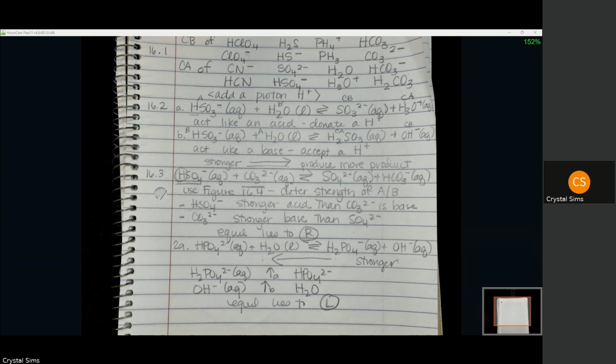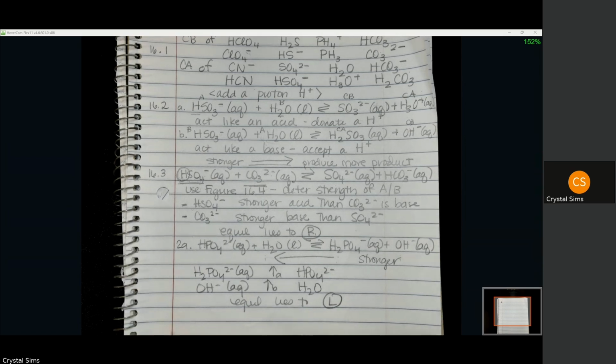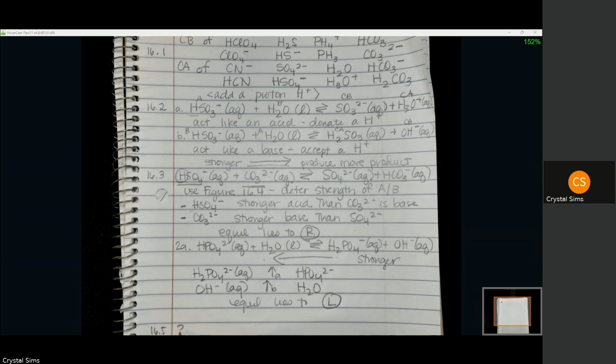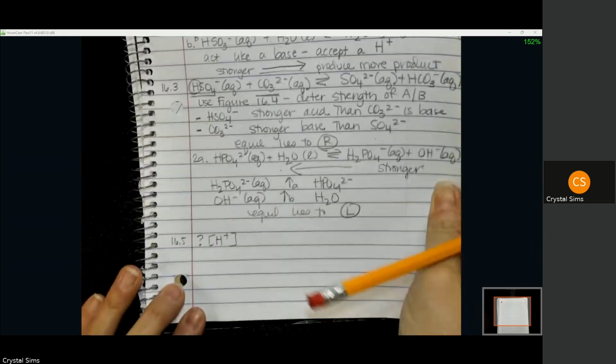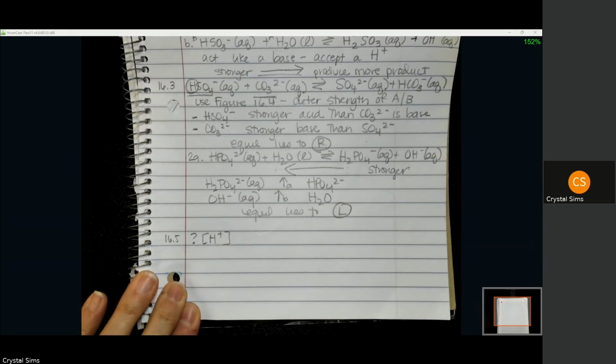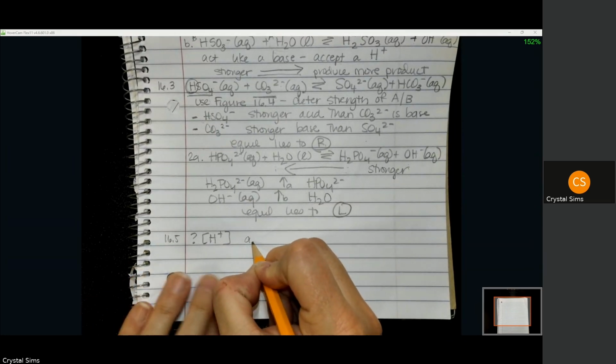So we're going to skip to sample exercise 16.5, and it asks us to calculate the concentration of hydrogen ions in a couple of different circumstances. In 16.5, we're asked to find the hydrogen ion concentration in two different solutions.